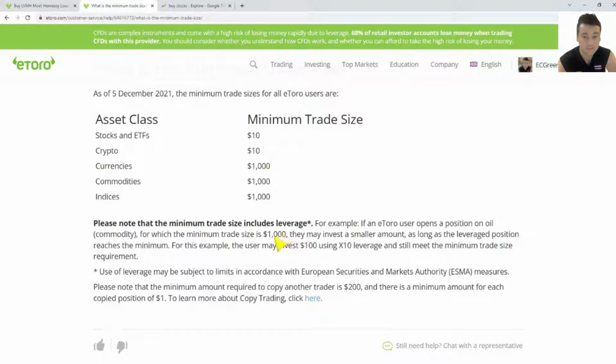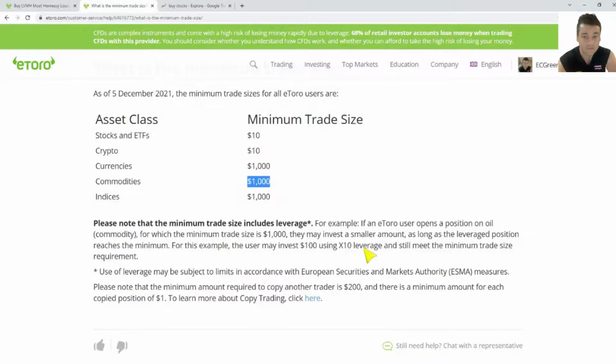So let's say you put in a trade size for a stock of $1 and use ten times leverage. That means you're borrowing $9 and you can make the trade with $10. For example, with commodities, the minimum amount is $1,000, but you can trade with $100 and use 10x leverage.